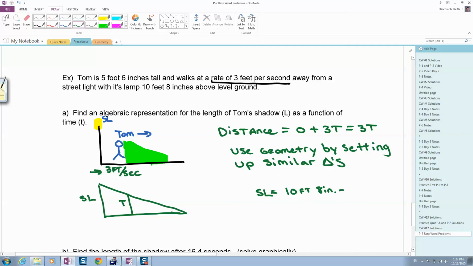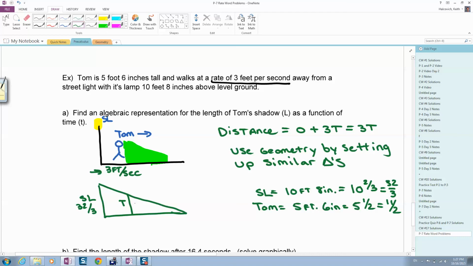When we change that into feet, it'll just be 10 2/3, because 8 inches is equal to 2/3 of a foot, which as a fraction is 32/3. So the street lamp is 32/3. Tom is 5 feet 6 inches, which is 5 1/2 feet, which is 11/2 as a fraction.